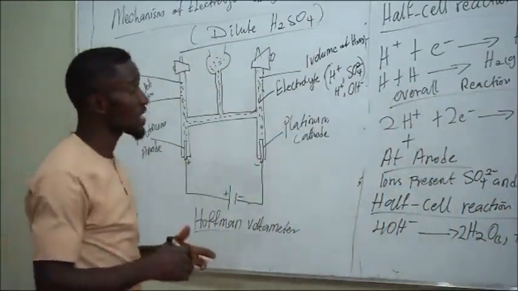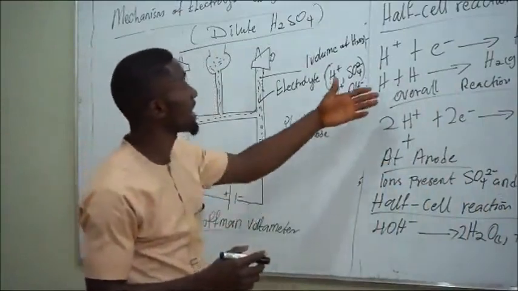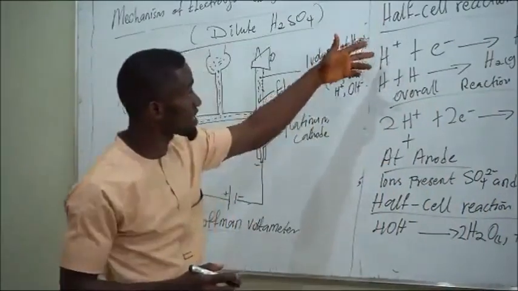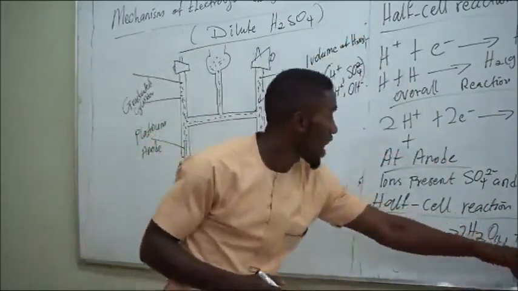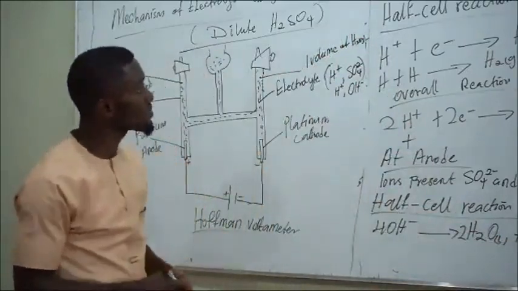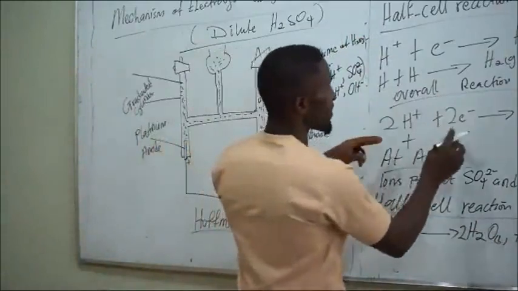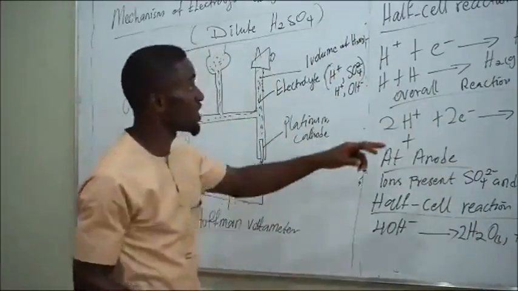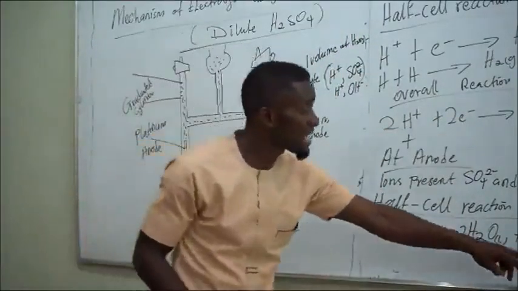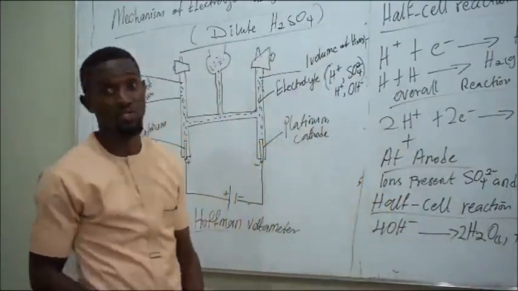Then we can compare what happened at the cathode with what happened at the anode. Now let's look at the number of electrons at both. Now the reaction at the cathode involves 2 electrons. But at the anode we have 4 electrons.